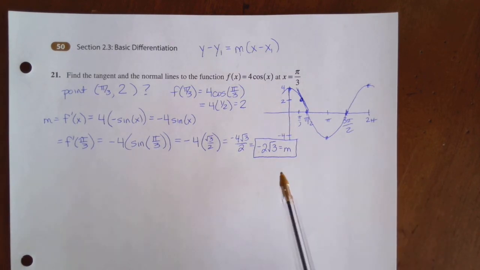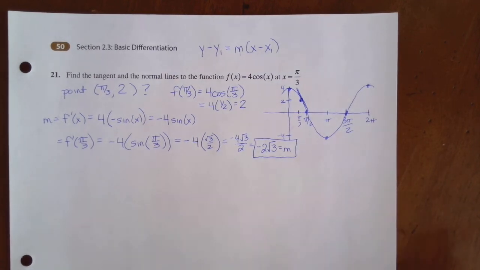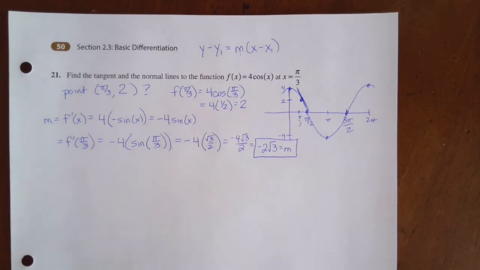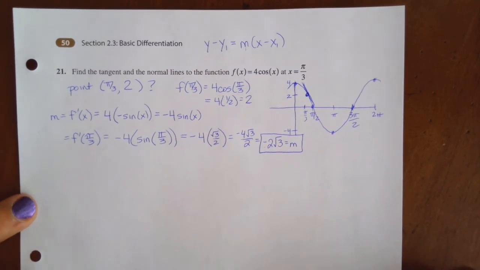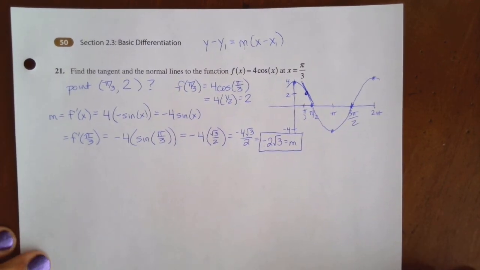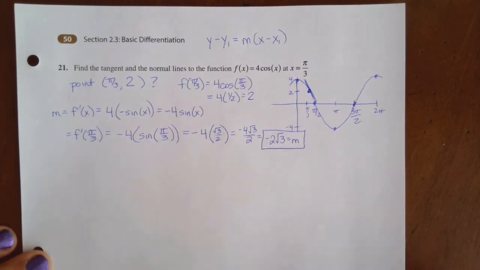So you cannot round until everything is done. I always suggest leave radicals as radicals, leave fractions as fractions, because if you start rounding those decimals too soon, you're going to get the wrong answer and get frustrated on WebWorK. So keep that in mind, okay?